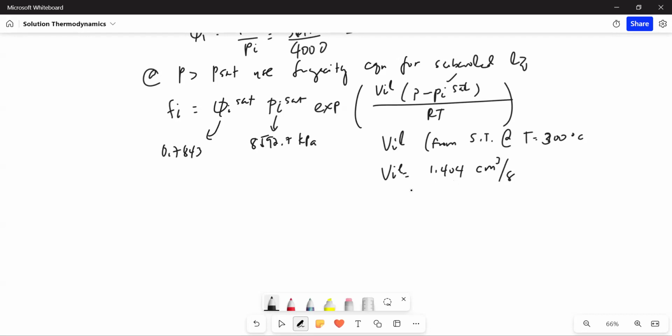We need to transform it to make our life easier, so just multiply it with 18.015 grams per mole. That would cancel out the grams, and we will get 25.28 cm cube per mole.